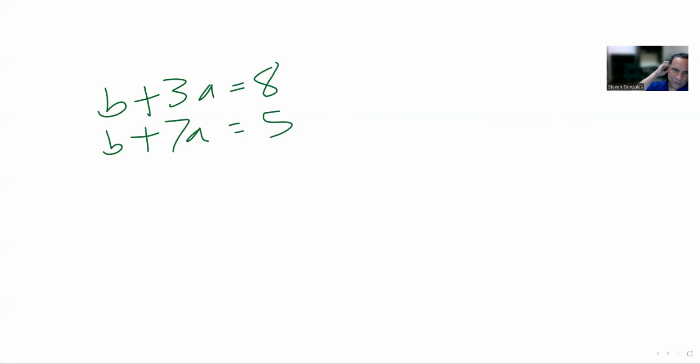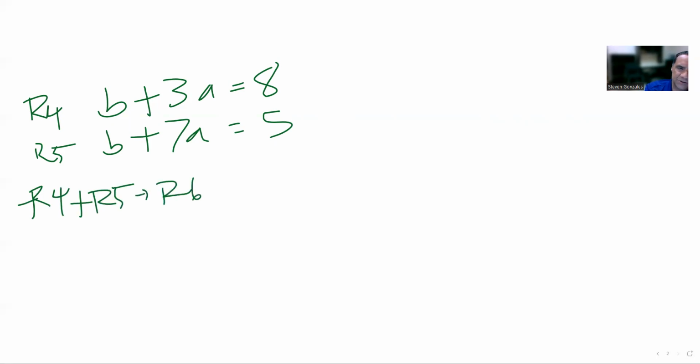So next thing I know, that's row 4, row 5, I might add. I'm going to do negative row 4, add to row 5. And it's going to make a row 6, which is going to be the answer, because I'm going to get 4A equals negative 3, and A is negative 3/4. Cool. A is negative 3/4.